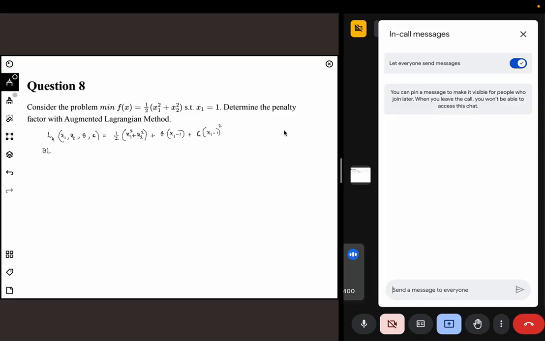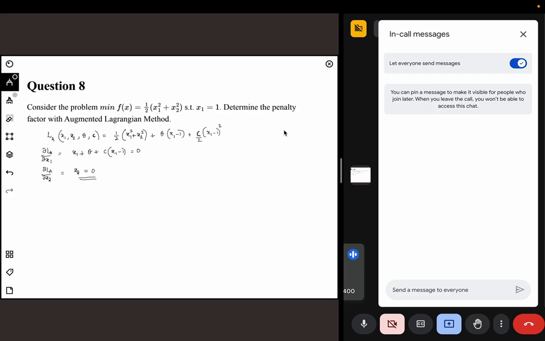I can just put del LA with respect to x1, let's put by 2 here just so that the 2 will go off: x1 plus theta plus c times x1 minus 1 equal to 0. And then I can also solve for x2, which will give me x2 equal to 0. So this is clear.